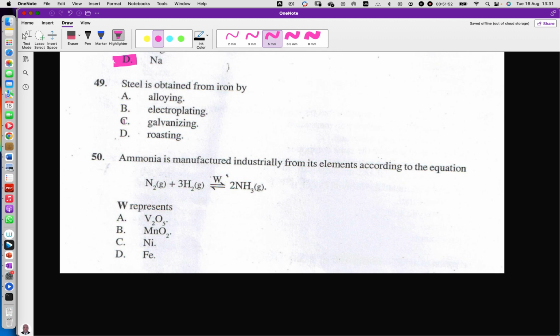When we mix iron with other metals and produce things like cutlery, we obtain steel. We call those mixtures alloys. So alloying is the right answer. 49 is A.